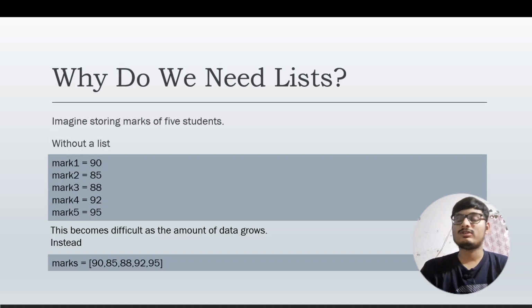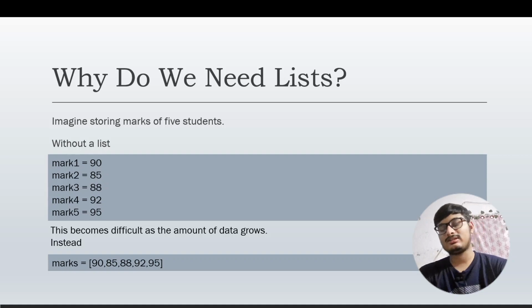For storing the marks, here there are 5 variables created, and each mark is stored in a specific variable. But this is very inconvenient because it will make the program very inefficient. So how do we solve this problem? We create a single list, name it marks, and then we can store all the marks that are scored by each of the students.